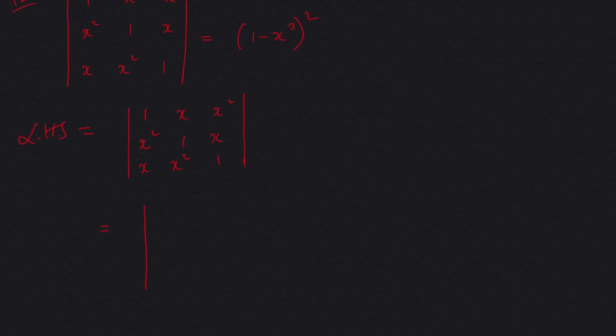This simply depends on your practice, so practice as much as you can. We have one formula: 1 minus x cubed is similar to a cube minus b cube. The formula for this is 1 minus x into 1 plus x plus x square.